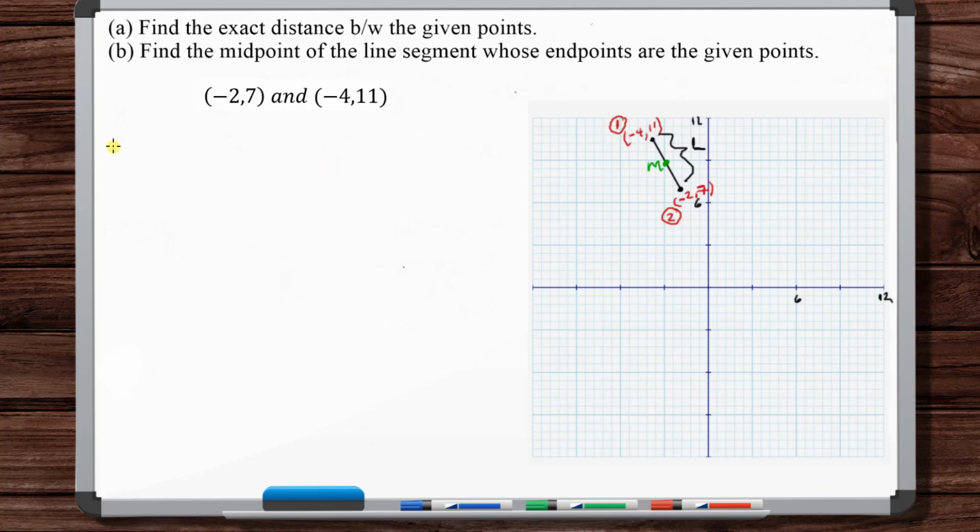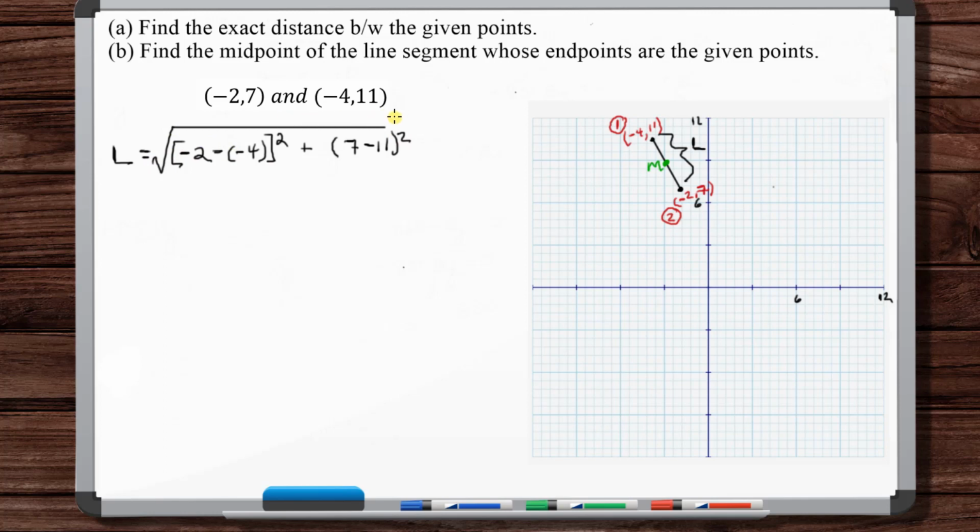So L is equal to the square root of x2 minus x1, minus -4, squared, plus y2 minus y1 squared.